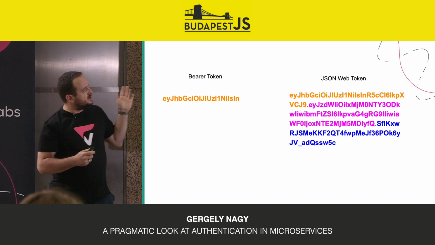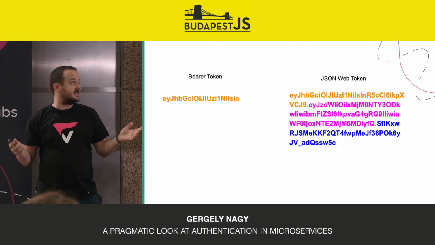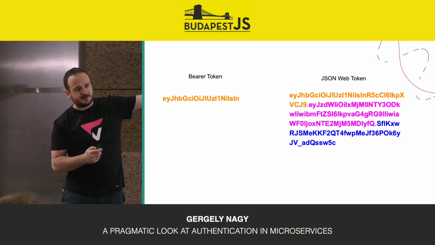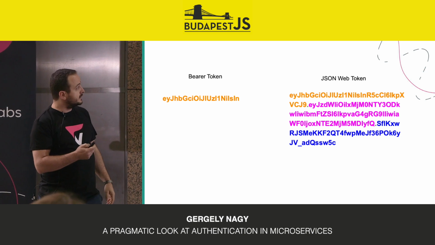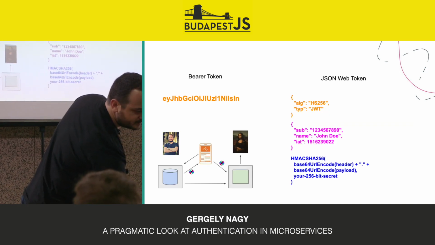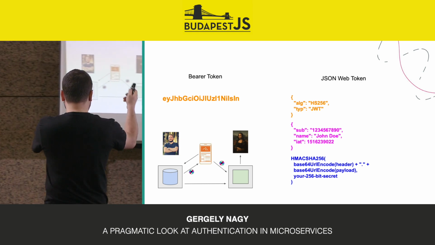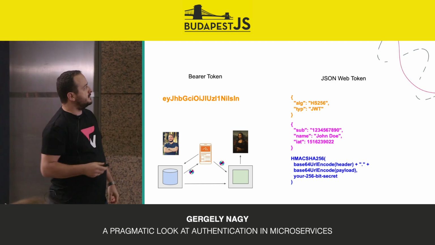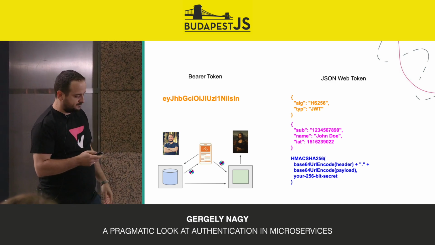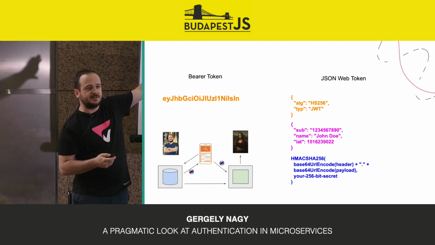And technically, a JSON Web Token is also a bearer token in the sense that whoever has the token has full access. But a JSON Web Token is a base64 encoded data package. The way it works is, if you decode it, it has three sections. One is just a header that says this is a JWT token and it's signed with the SHA-256 algorithm. The middle part, the interesting part, is the payload.